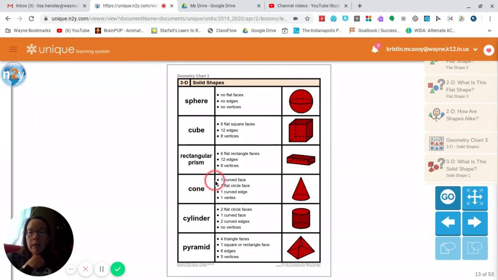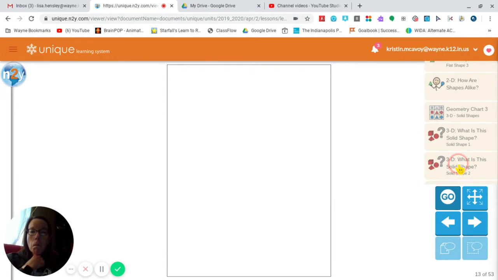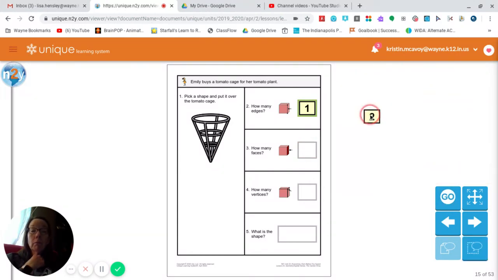It says it has one curved face and one flat circle face. One curved face, one flat circle face. So, I wonder if that means it has 2. One here and one the way around. Let's try that. Let's try 2. 2. That's correct. If we'd have just said 1, thinking of this face, we would have been incorrect. We have to think about this one too.